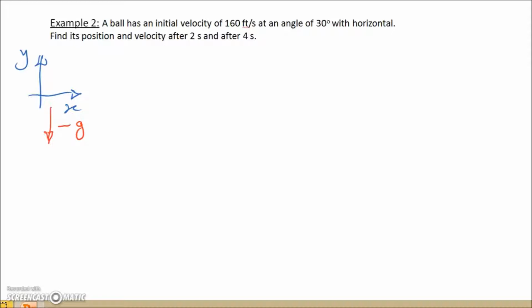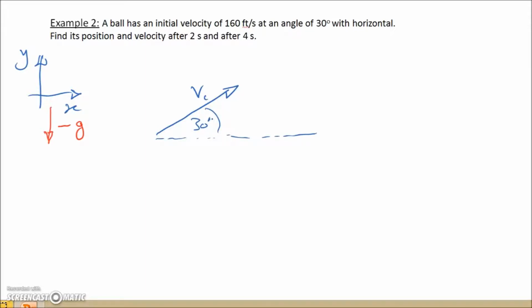Okay, now before we go any further with this, let's remind ourselves a little bit about vectors. So we have an initial velocity, let's call it v, I for initial, and that initial velocity is making an angle of 30 degrees with the horizontal.